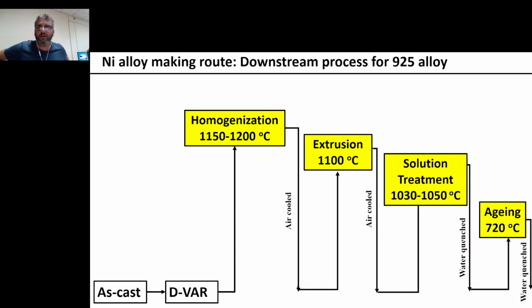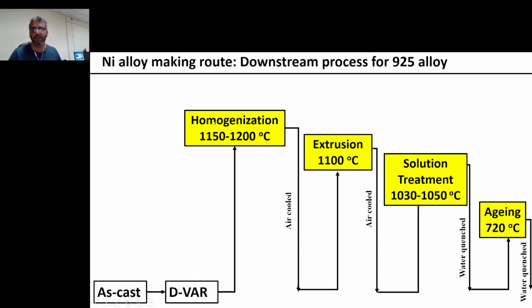Now moving on, I would also like to show how we are using the homogenization calculations to predict the homogenization parameters for nickel alloy processing. Typically, a nickel alloy after casting and double VAR, the homogenization is performed in this given temperature range, followed by extrusion, solution treatment, and aging.